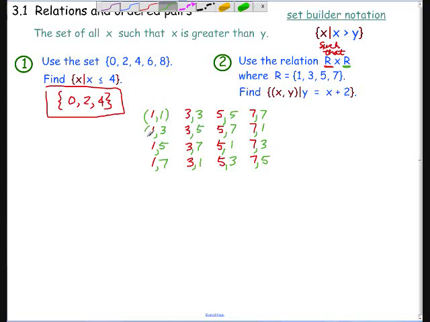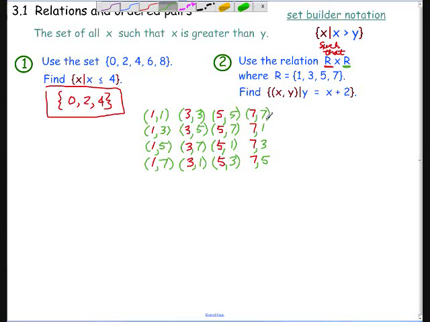I'm sure you would have done it in a little bit less confusing way. So I've got my, how many pairs here? 4 by 4, 16 pairs. And what I'm interested in doing is finding for which pairs x, y such that y is x plus 2. Or what's another way I could say that?